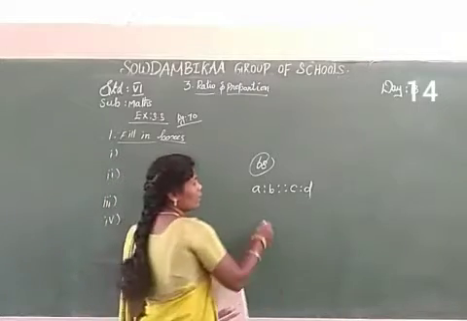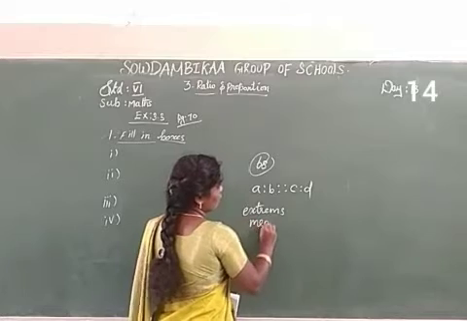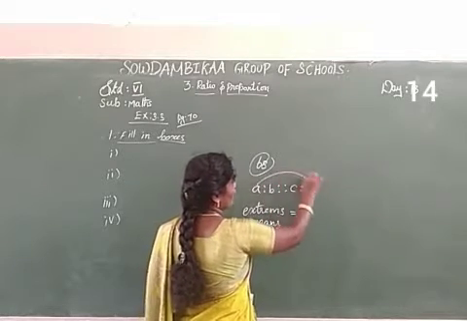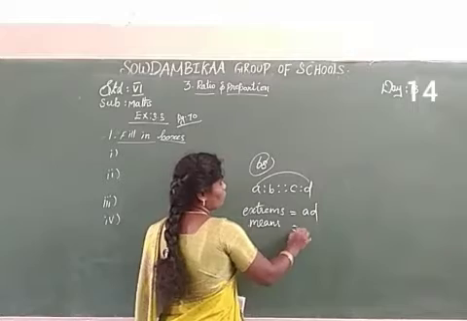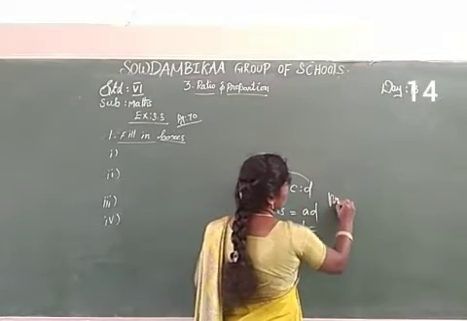Extremes, means. Which ones are the extremes? A and D. Which ones are the means? B and C. The product means multiply.